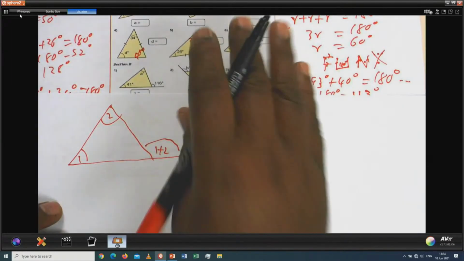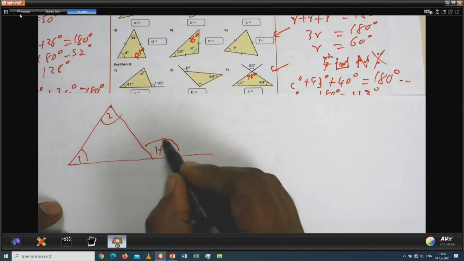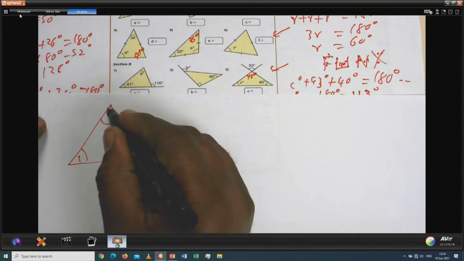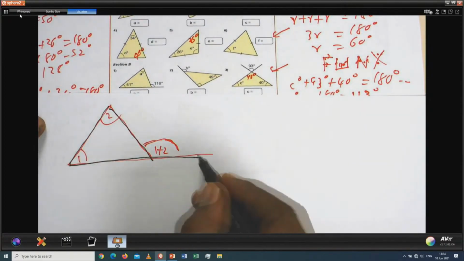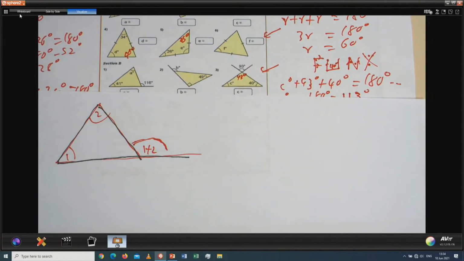Right. Now, we know from that exterior angle, an angle outside that triangle, is equal to these 2. So it's important to know that property.